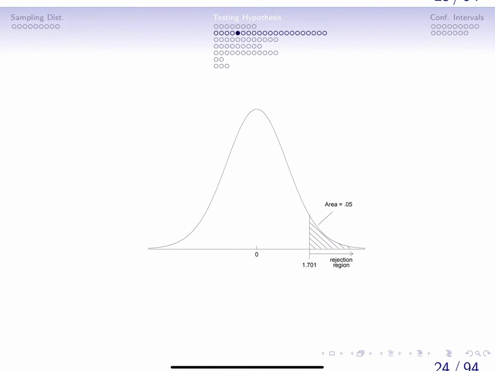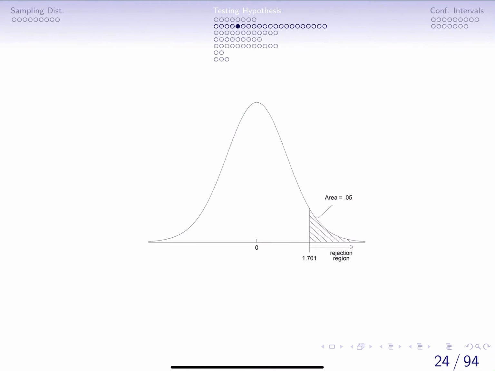So I'm going to show you a picture here of a one-tailed test, or a one-sided test. Here the probability density function is shown, and the critical value for the t-statistic is shown. This is the critical value, 1.701, and this is showing us what our rejection region is.